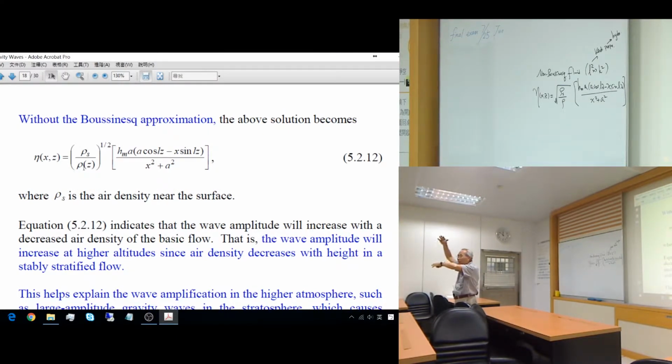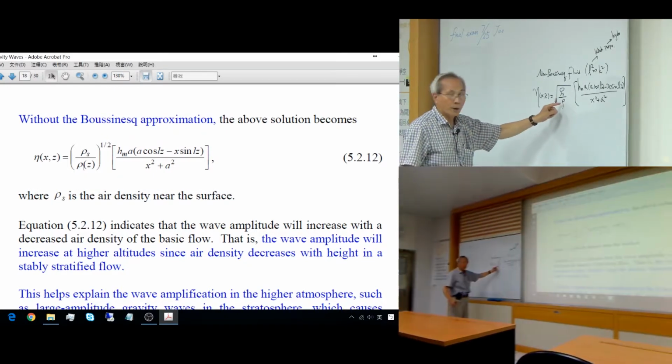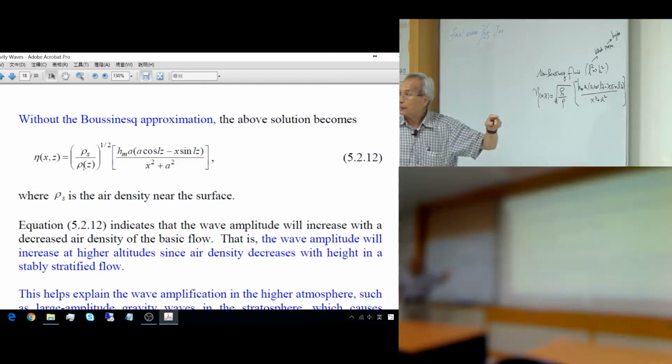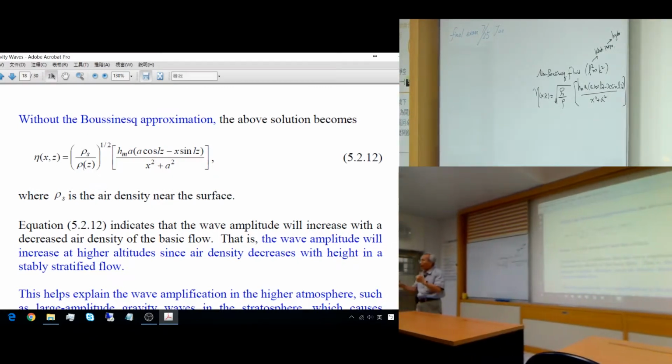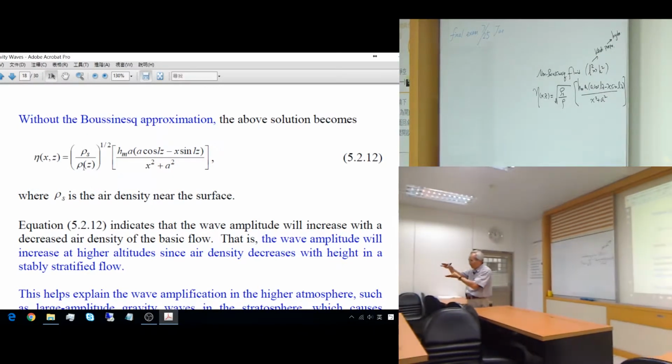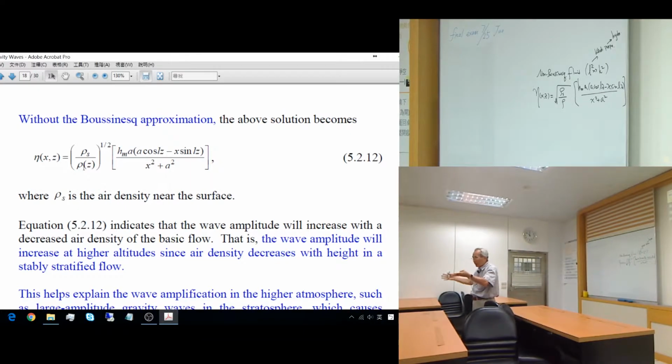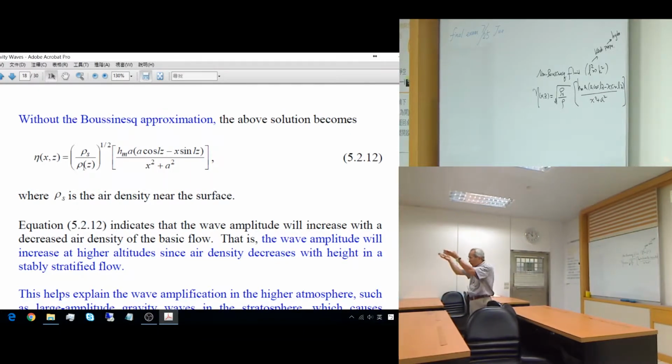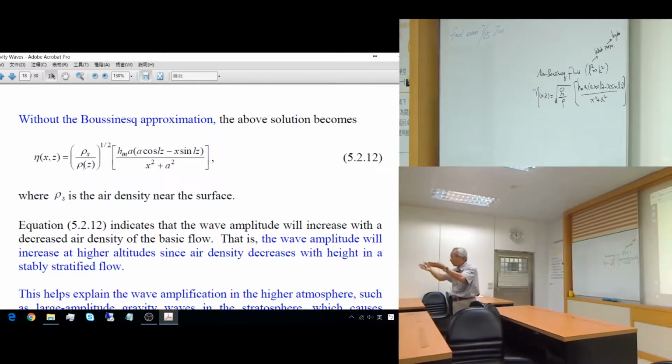Especially when you go to the stratosphere, the density becomes very small, so waves can amplify there too. If waves propagate to a place with less dense fluid, they can amplify.